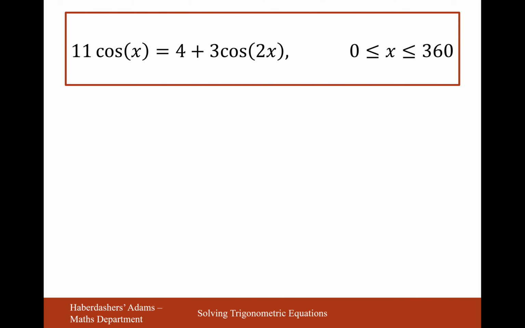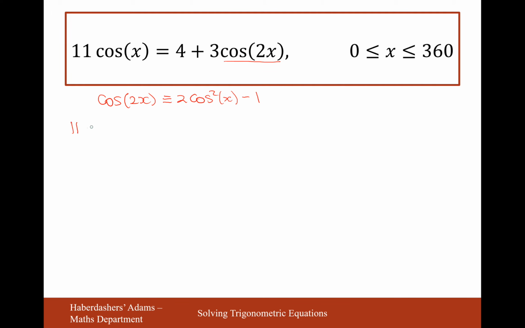Okay, let's move on to the next question. And in this question, I've got a cos 2x, and I'd like to turn it into something related to cos. So I'm going to remember that identity of cos 2x is identical to 2 cos squared x minus 1. So I'm going to use that in this position here in this equation.